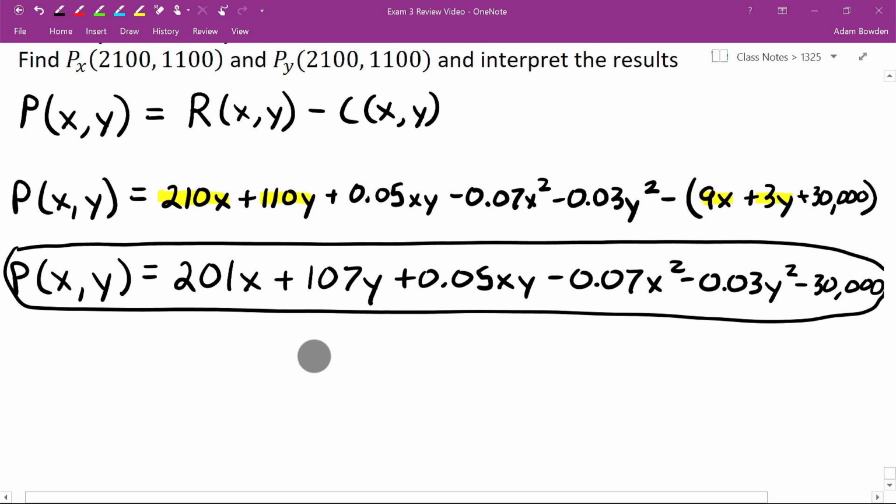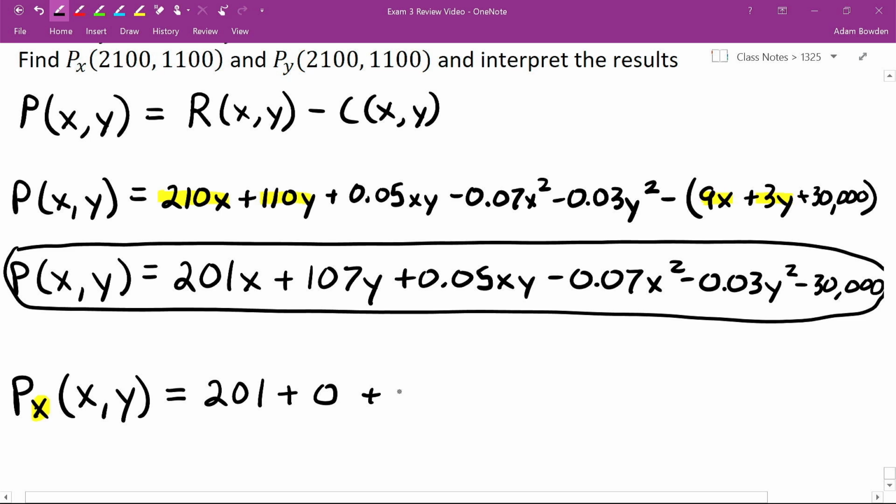What it wants us to do with this is to find, first off, the partial derivative, or just do the partial derivative without any numbers plugged in here. This is the partial derivative with respect to x, so x is the variable and y is the constant. Looking through our function above, that would look like 201 plus 0 plus 0.05y minus 0.14x minus 0 minus 0.